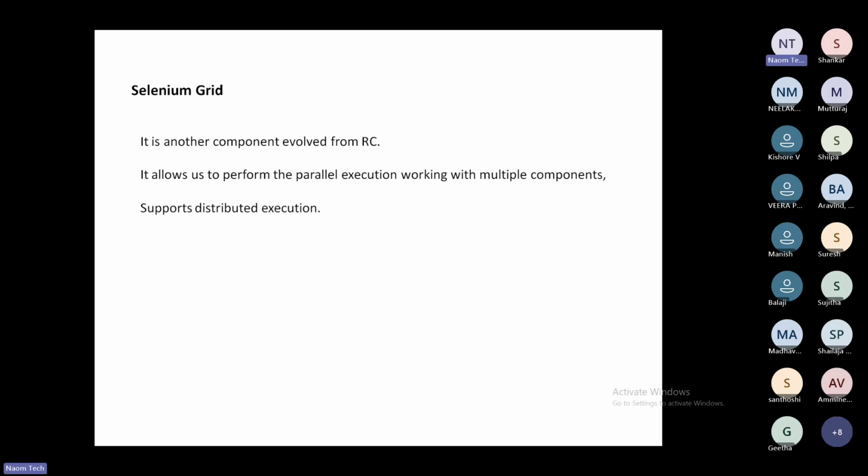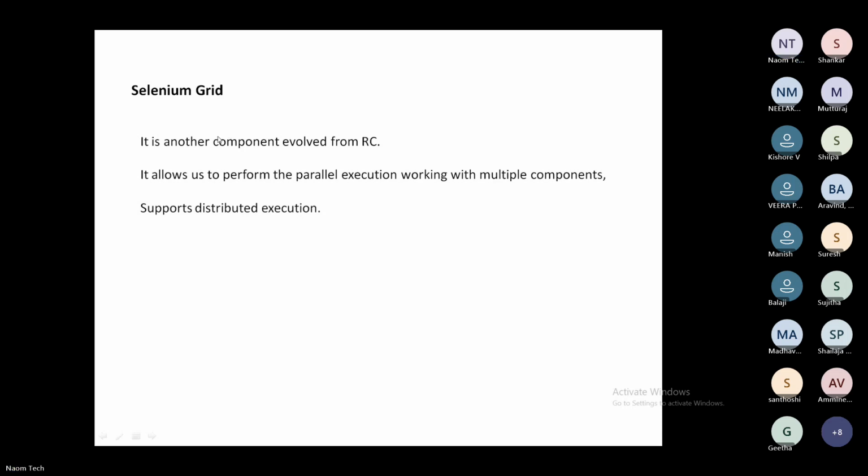Actually, a group of components we can call a grid. This evolved from Selenium RC, the remote controller. The goodness about grid is it allows us to perform parallel execution. Parallel means simultaneously it can run multiple automations. I hope this is clear for all of you, friends.